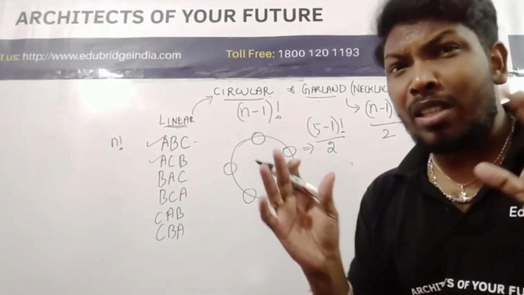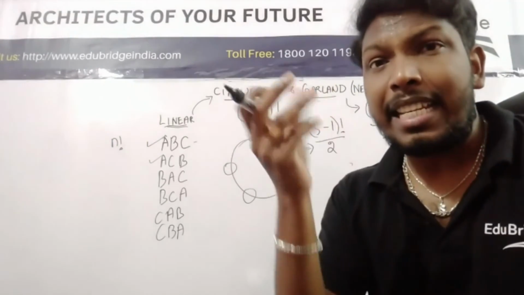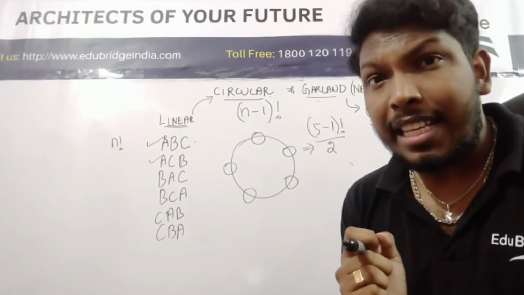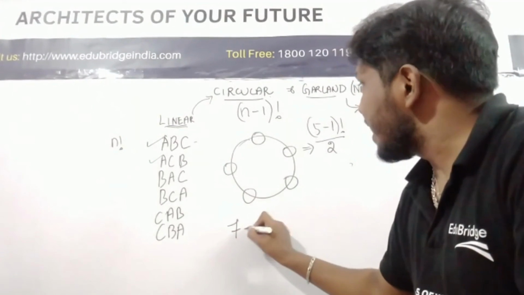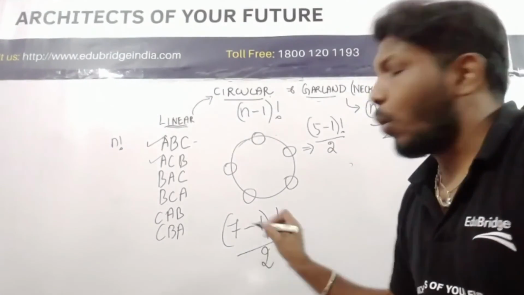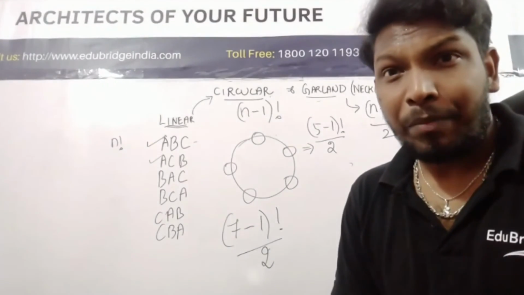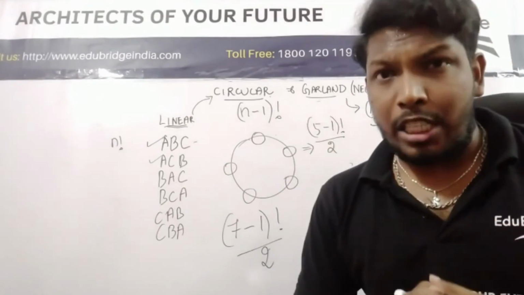Let's imagine there are 7 identical diamonds placed in a necklace. How many ways can you arrange it? Yeah, very good. It is 7 minus 1 factorial by 2. That is your answer.